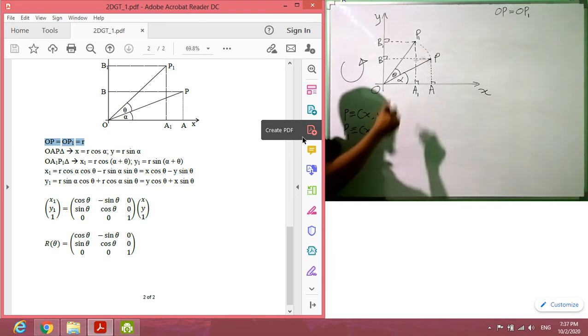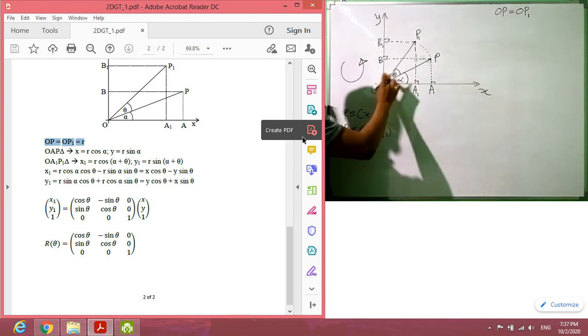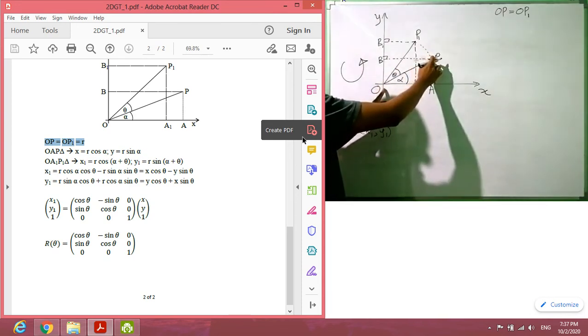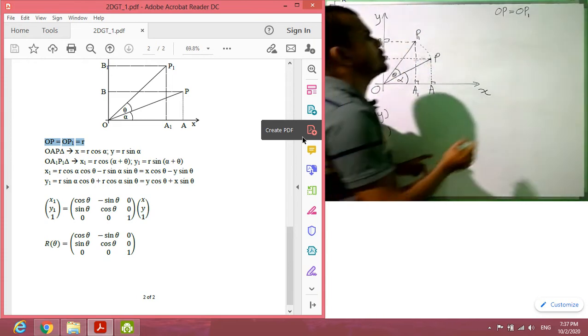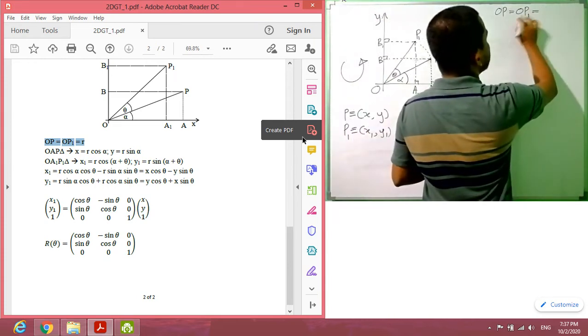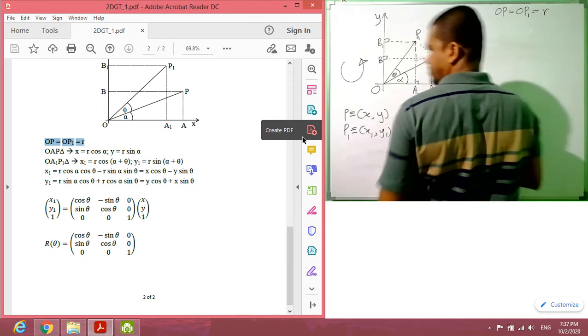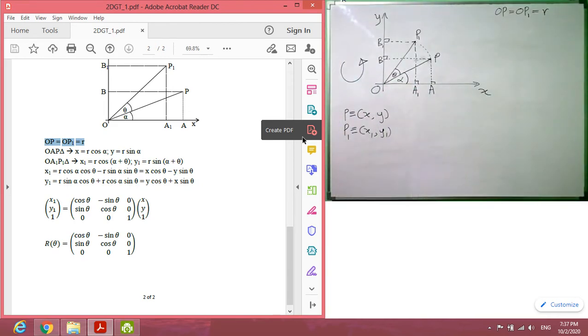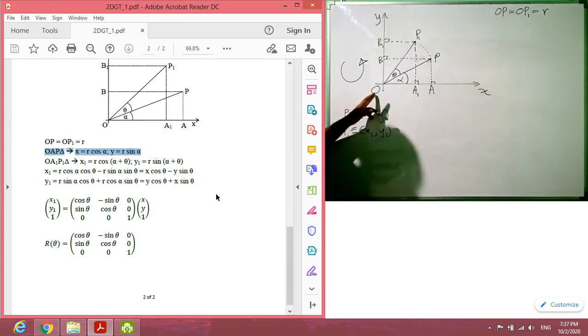So let's consider the value of OP as R, then the value of OP1 will also be R. Then let's consider the triangle OAP.